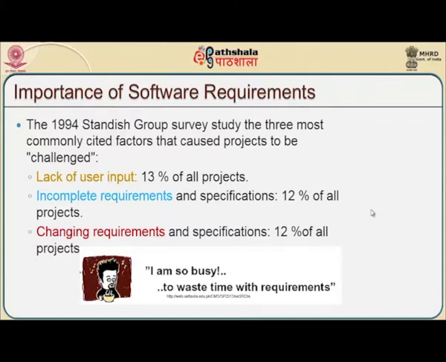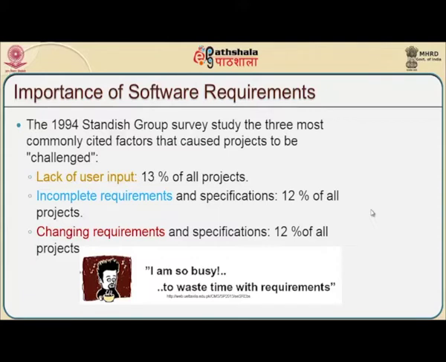These user inputs majorly concentrate 13% of the overall project estimate. Whereas, if I have left out some of the requirements and I start developing, which means I am incomplete with my requirements and specification, 12% of the projects become challenged if we have not addressed this.